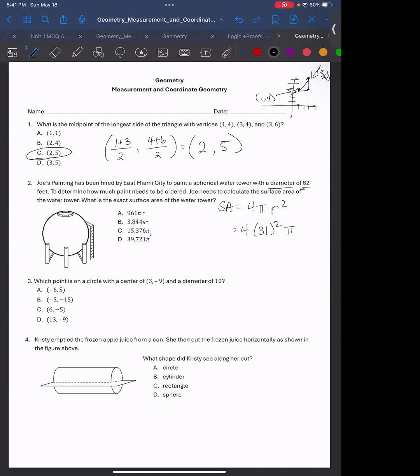Then again, every question is a calculator question. 961. Am I done? 961 is here. Is that my answer? No. Why? Because you have to multiply 961 with 4. Yes. So what's 961 times 4?